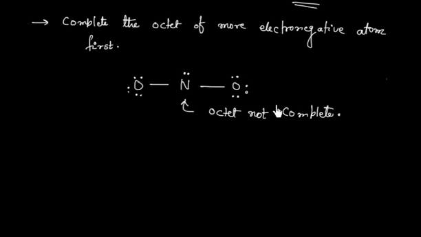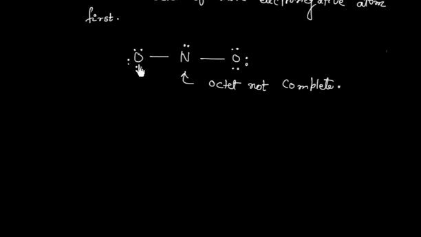So what we can do is try sharing these two lone pairs. If a lone pair goes to form a bond between nitrogen and oxygen, we are converting a lone pair to a bond pair.